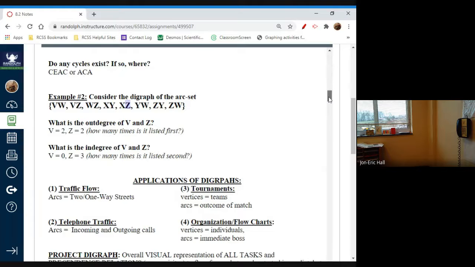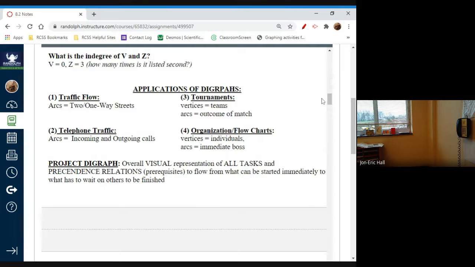Applications of digraphs. When I say applications, I think I gave you a question like this back in our last module, right? I said, what are the applications of this thing? And you had to come up with it. Well, here are 4 applications of digraphs. Traffic flow. Arcs can represent two-way or one-way streets, right?